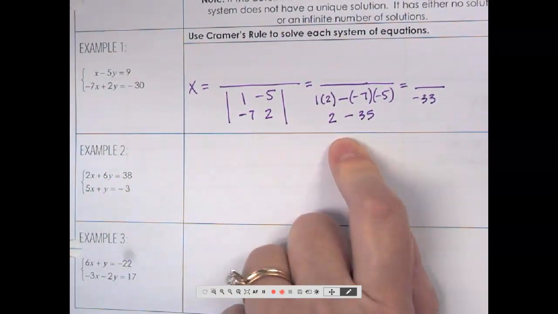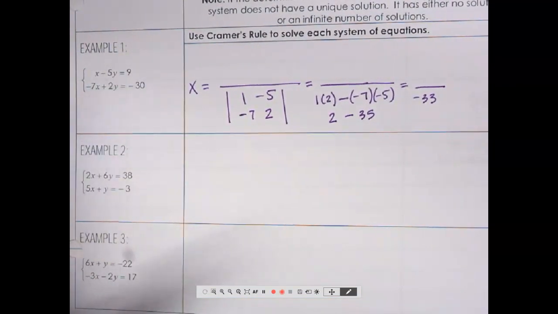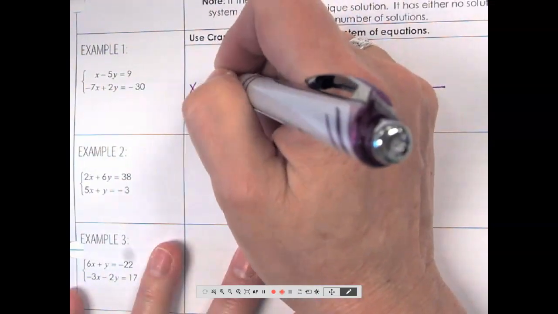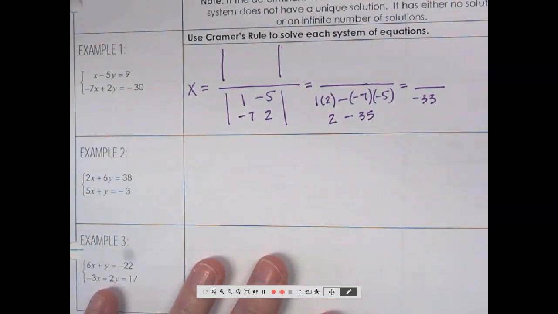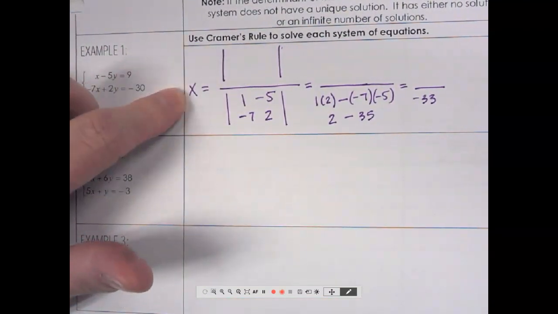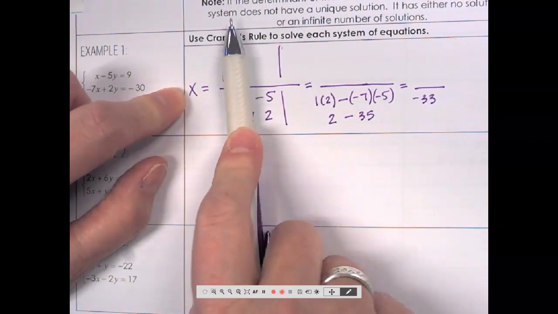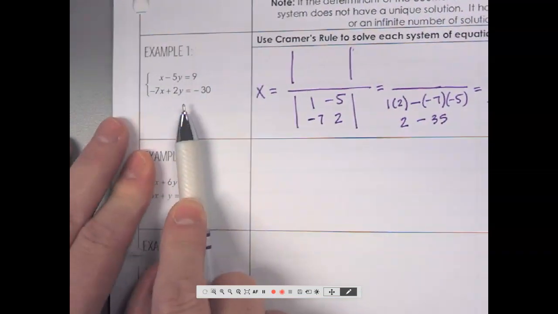If for some reason you got a 0 in the denominator, then that would tell me that this system didn't have a solution. In other words, they were parallel and never intersected. In the numerator for x, I'm also going to have a 2x2 determinant. Whichever variable I'm solving for, in this case x, think of the first column as the x column and the second column as the y column, just like they're written over here.